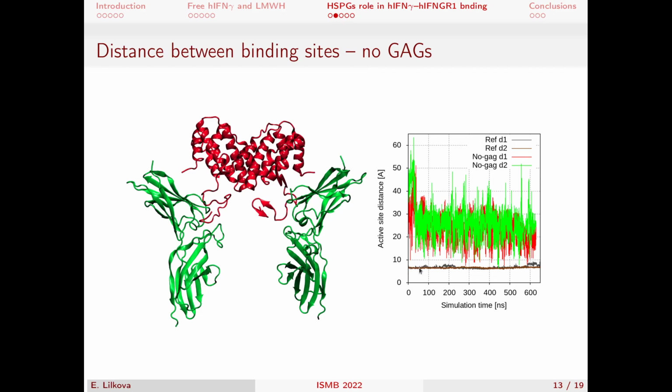In the reference simulations, these distances have a value of about 7 angstroms, shown here in black and brown. As you can see, when we don't have glycosaminoglycans, the positively charged C-termini bind to negatively charged domains at the receptor surfaces and prevent the globule from interacting with the receptor subunits.